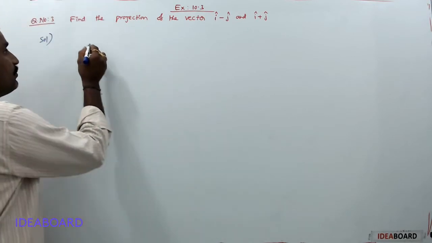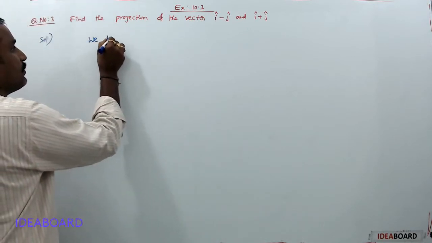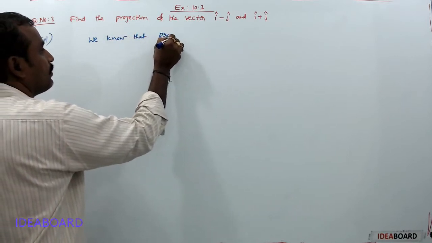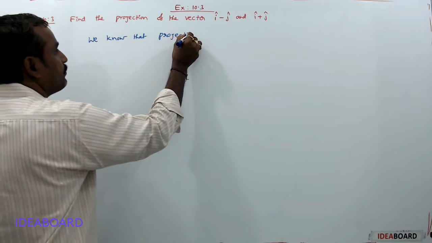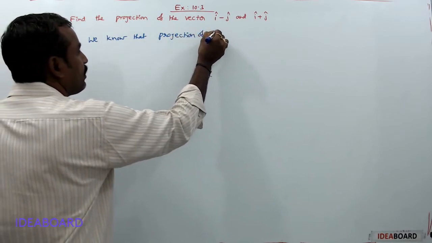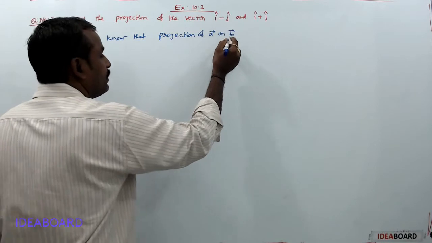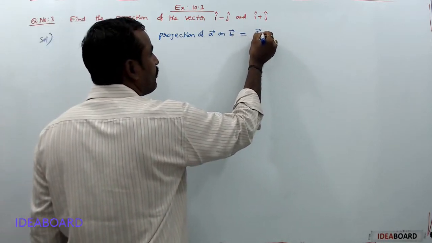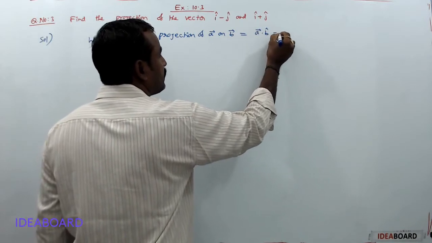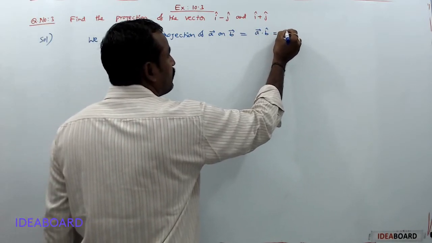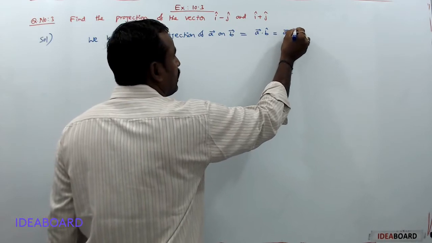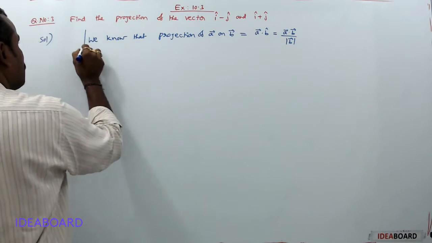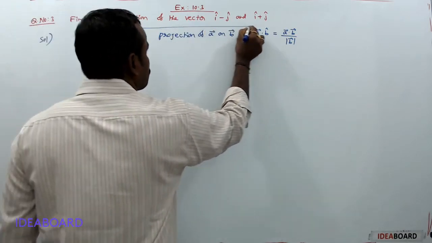We know that the projection of A bar on B bar is equal to A bar dot B cap. This is nothing but A bar dot B bar by the magnitude of B bar. This is the required formula to solve this question.